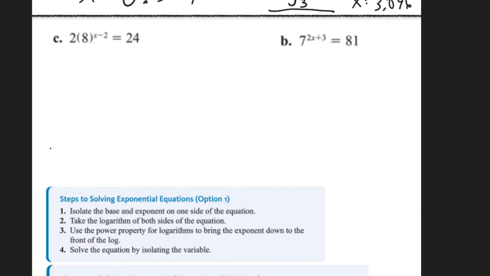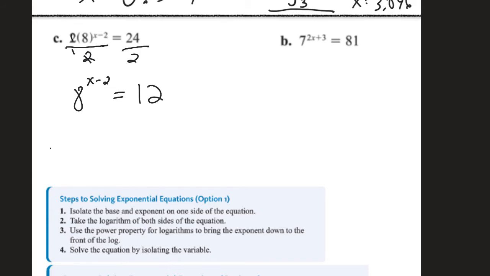So for C, if I want to isolate my exponential, my power, I would have to divide both sides by 2. And that would give me 8 raised to the power of x minus 2 equals 12. My power has been isolated. My exponent area is a little bit confusing looking, but I'm still going to deal with this the same way I would deal with the equations we were working with before.